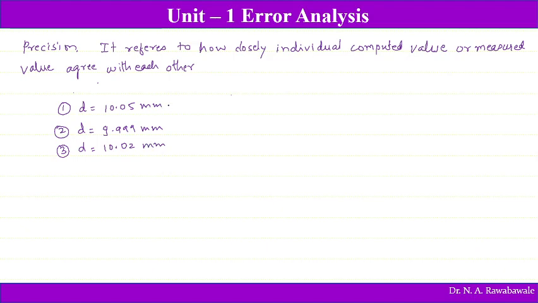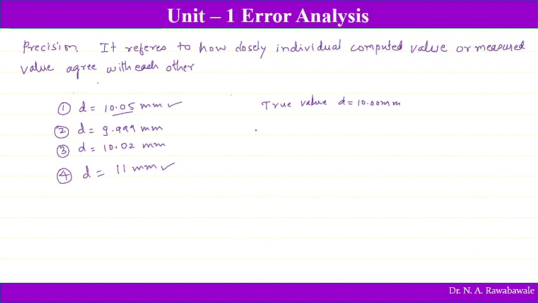So these answers which you have measured are very close to each other. But the fourth time you measure the dimension, say D is equal to 11 mm. So the first answer is 10.05 and the last answer is 11. So these two answers are not close to each other. So here there is no role of the true value. True value is, say for example, D is equal to 10 mm.